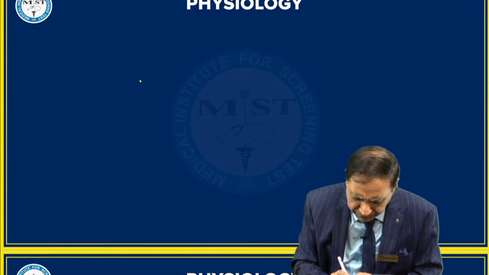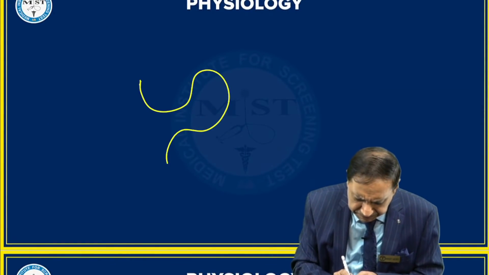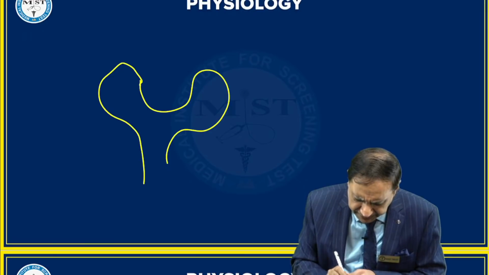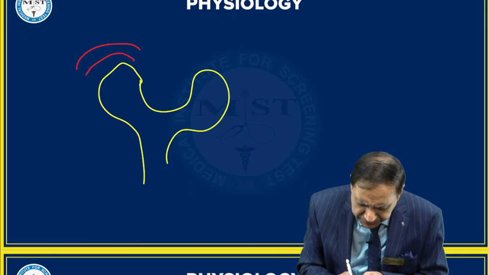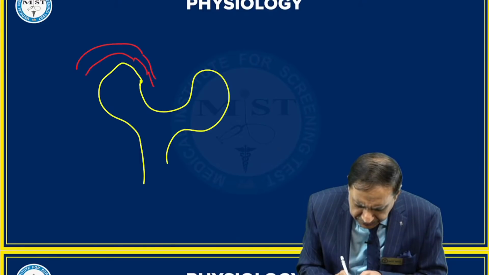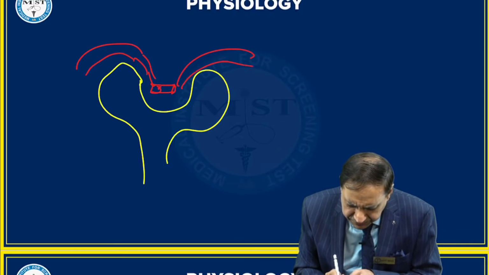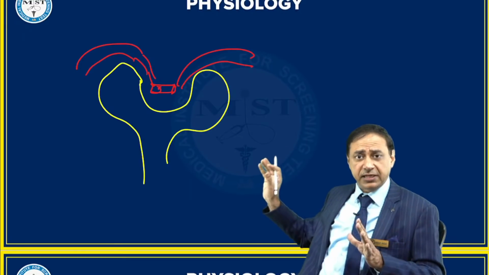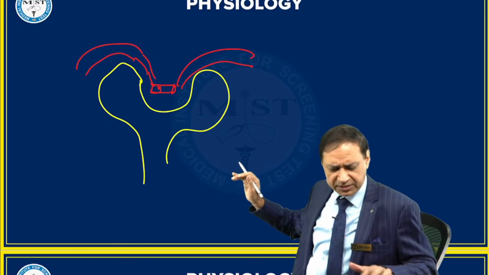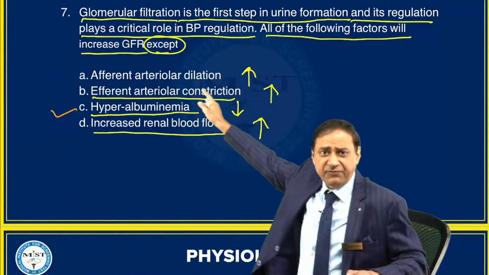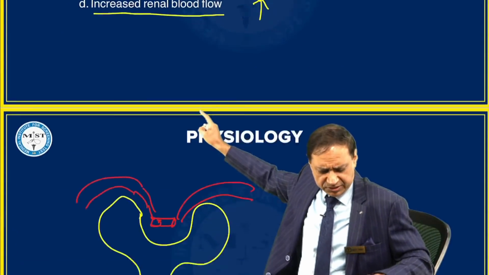Very simple to understand this. Just make this diagram in your mind. This is the afferent, this is the glomerulus, and this is the efferent. Now analyze the factors one by one. Afferent dilatation, efferent constriction.